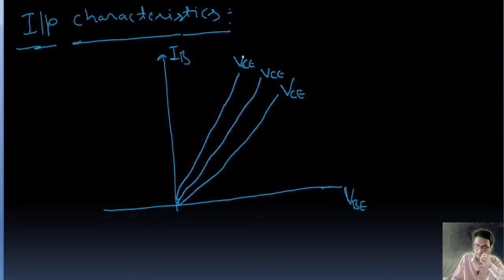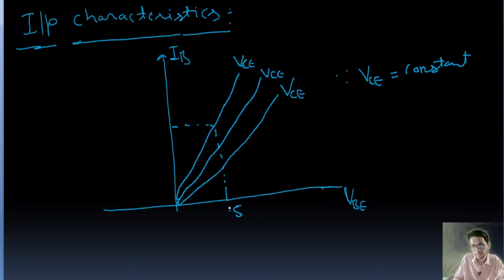Since VCE is constant, this is the graph. This is 0.5 volt.